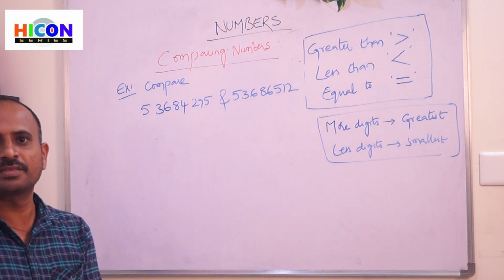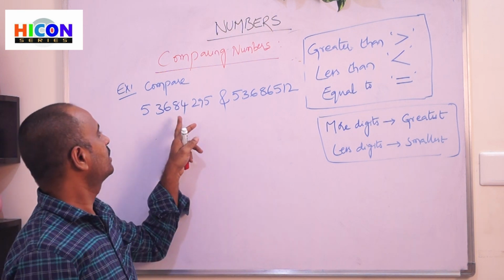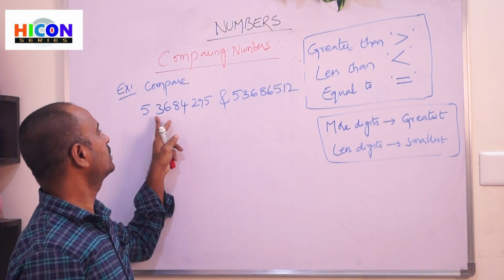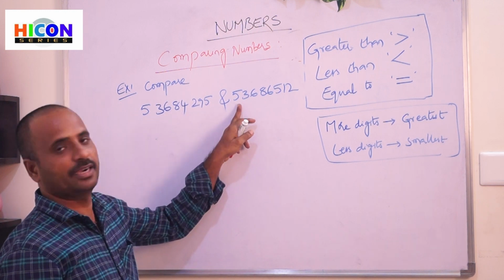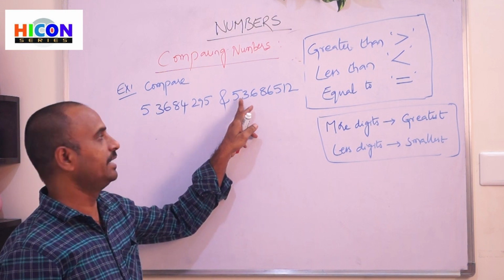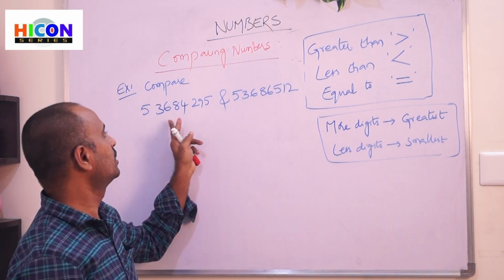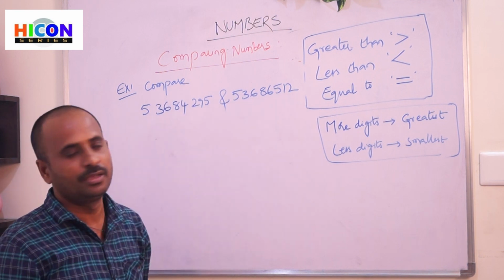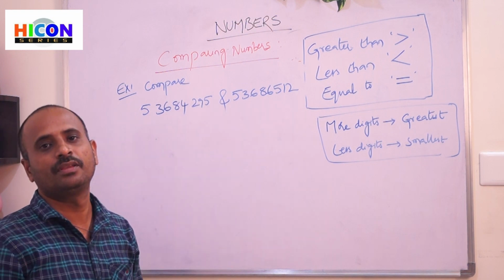So these are the numbers. So children, these are the numbers given in this problem. So here the two numbers are 5 crores 36 lakhs 84,295, and the second number is 5 crores 36 lakhs 86,512. So these are the two numbers we have to compare. That means which number is the smallest number, which one is the greatest number.